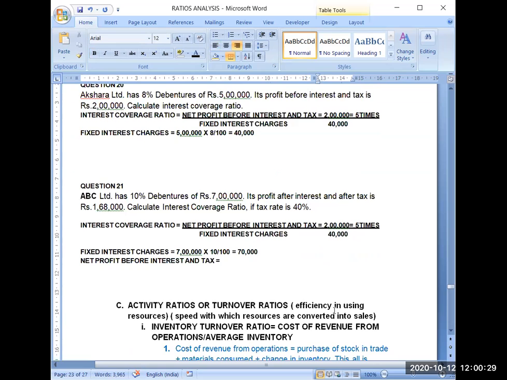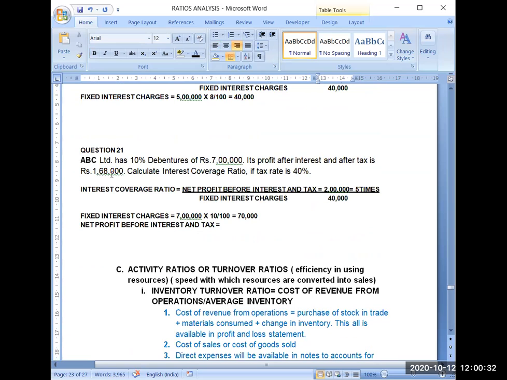So this profit which I have been given in the question, that is 1,68,000, is only 60%. So I will divide it by 60% and multiply it by 100, because I want to calculate profit before tax. Then I will get profit before tax.